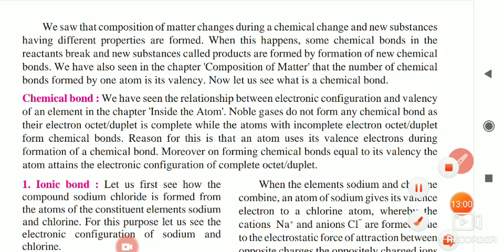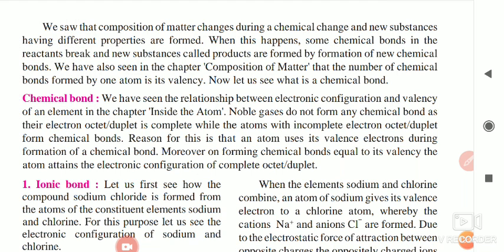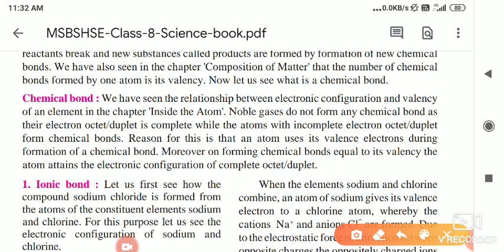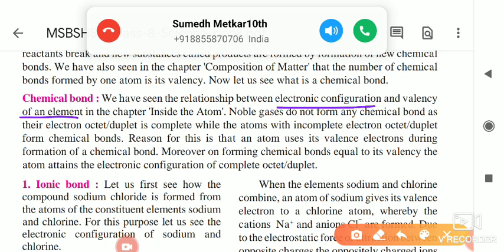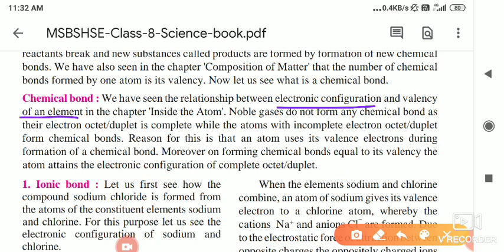Now the next point is the chemical bond. We have seen the relationship between electronic configuration and valency of an atom in the chapter Inside the Atom. Noble gases do not form chemical bonds as their electron octet or duplet is completed.